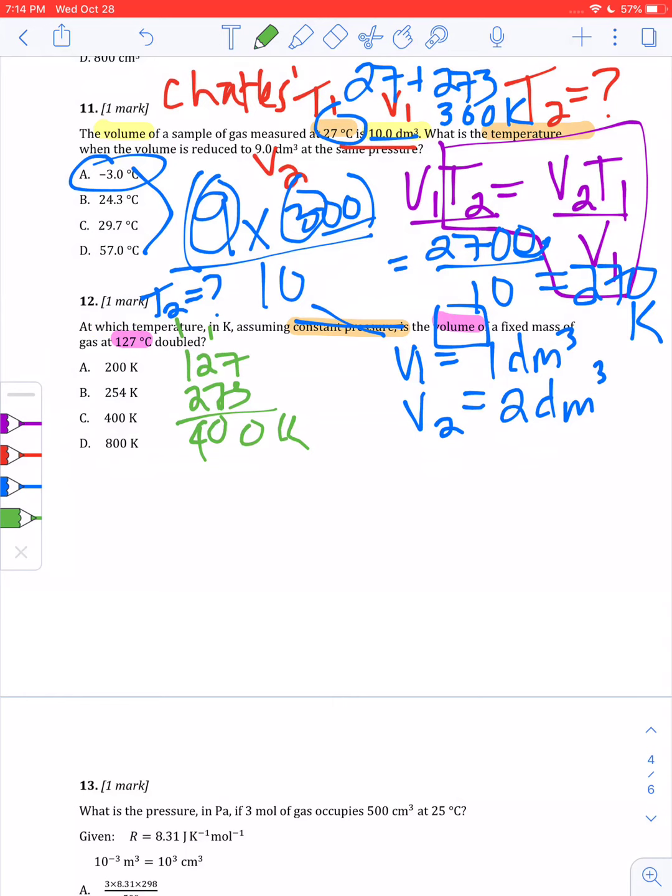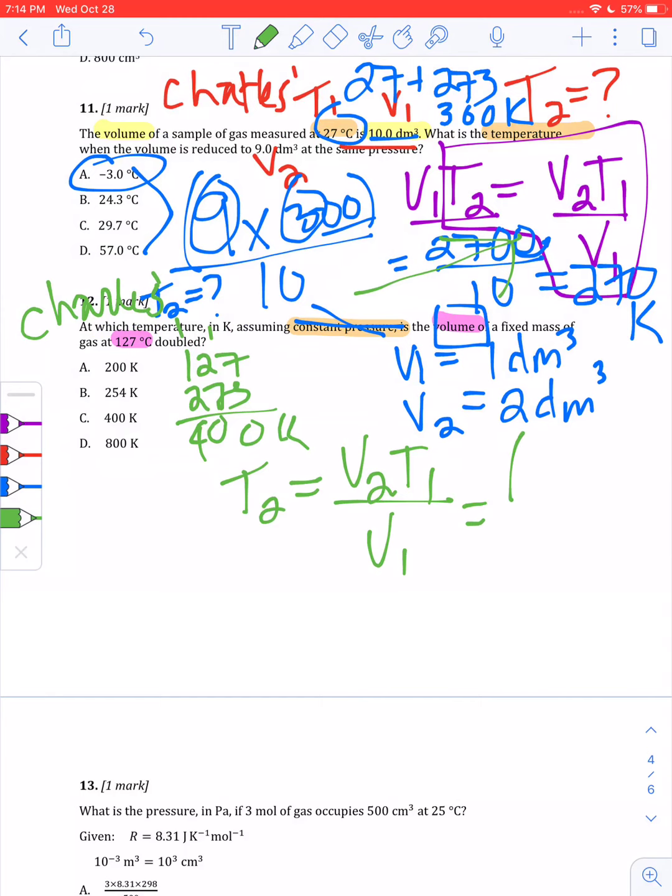You can go the math route, and you can use your correct gas law equation, and since this one has volume and temperature, this is also going to be Charles' law, just like number 11. And so since I'm solving for T2 again, it's going to be set up pretty much like the last one we did. And so I know that T2 is going to be V2 times T1 divided by V1, and then I can plug in my values.